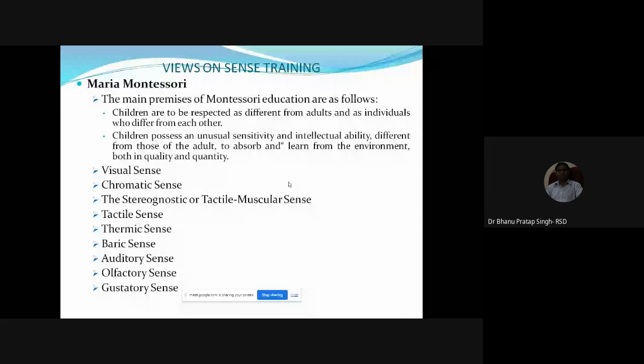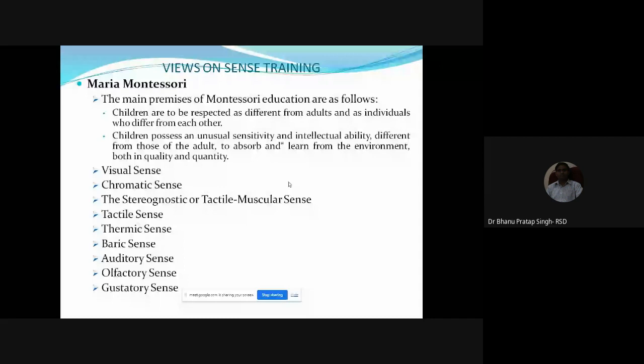So we should understand the child because of the learning ability as far as quality and quantity are concerned, and this is the opinion for proper training of Montessori school teachers.